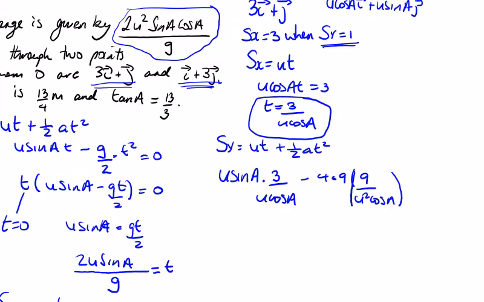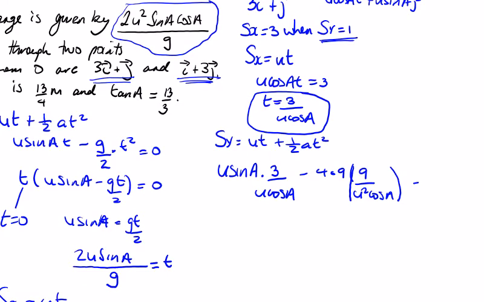And that's going to be equal to 1. So my u's cancel, and I'm left with 3 sine alpha over cos alpha, which is 3 tan alpha, minus 9 5s are 45, 44.1 over u squared cos squared alpha, minus 1 equals 0.